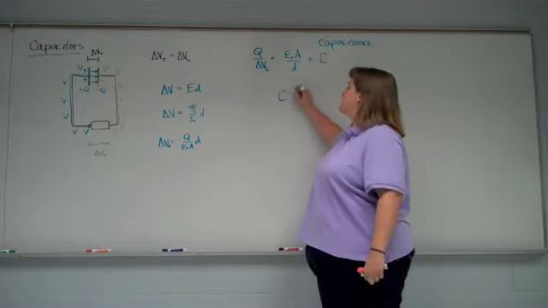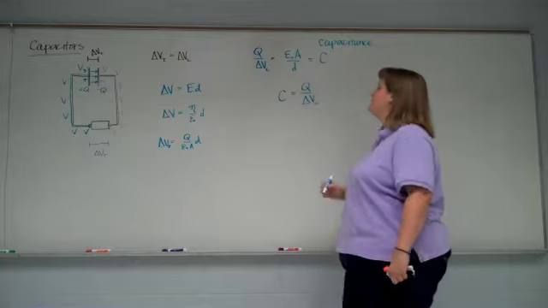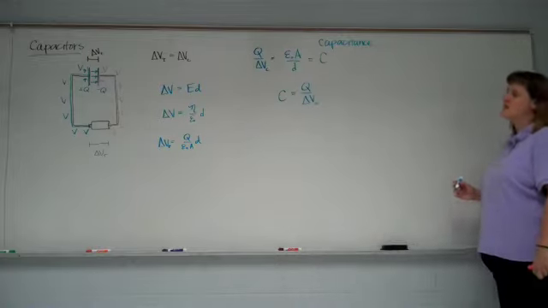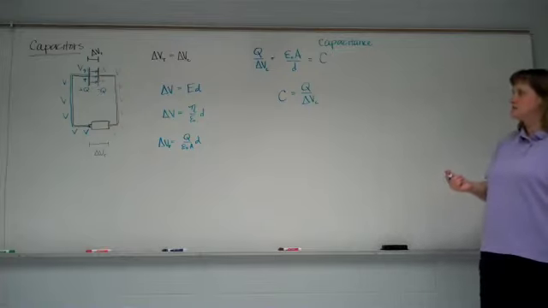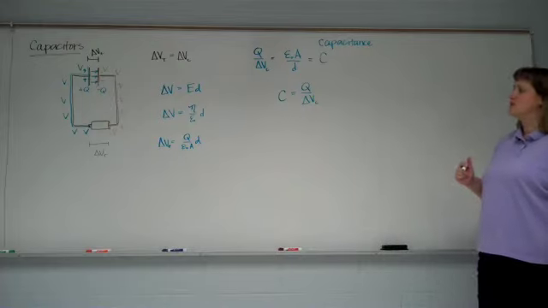So we can say C, the capacitance, is Q over delta V, which is a nice simple relationship that works for any capacitor. If you know the capacitance of your capacitor, you can figure out how much charge your capacitor can hold at any given voltage.